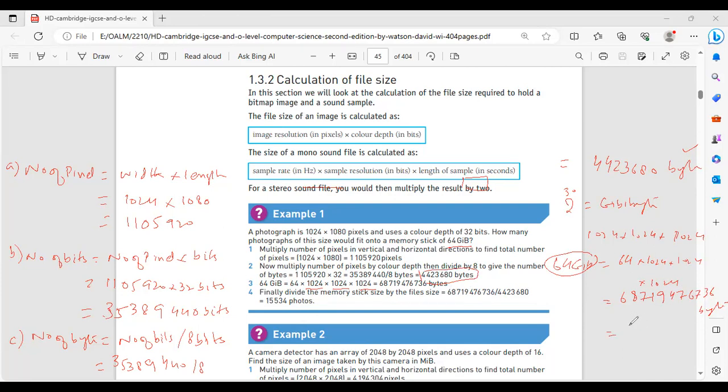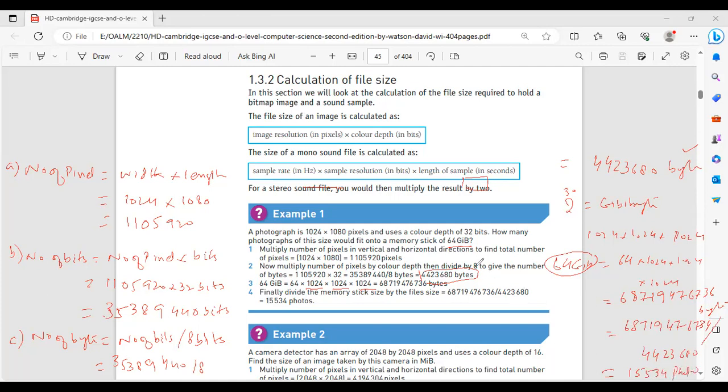So if you divide 68719476736 by 4423680, you will get the number of files, 15534.